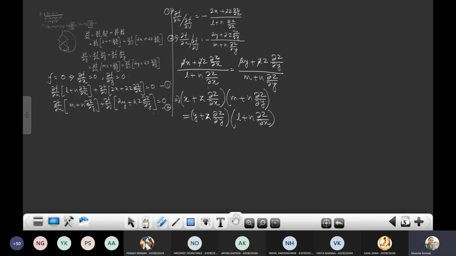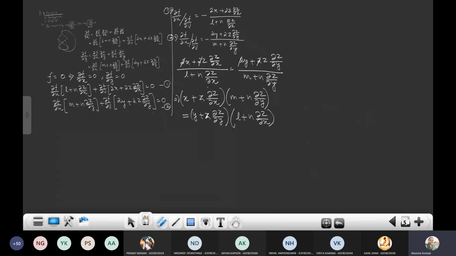What we will get if we simplify, so which implies x into m.